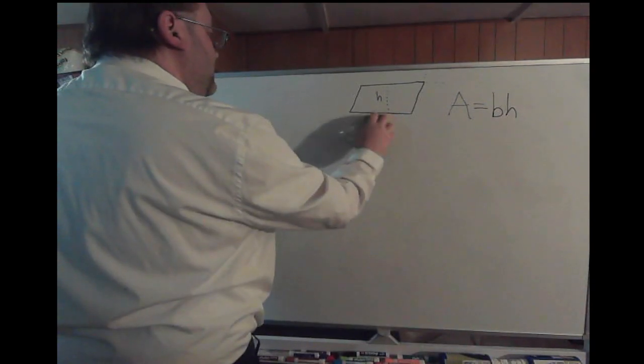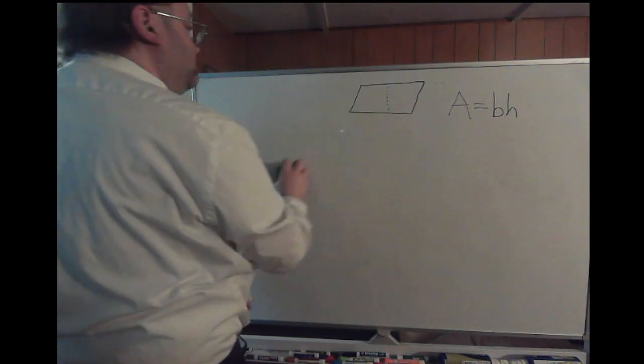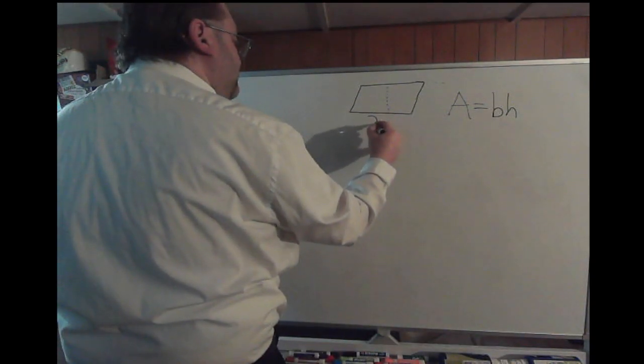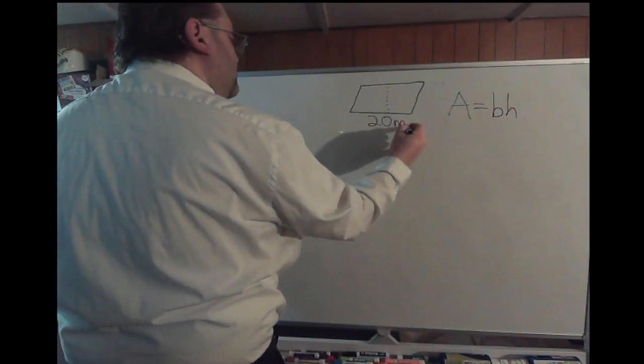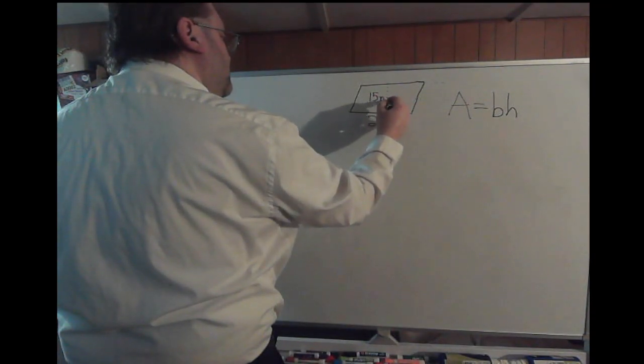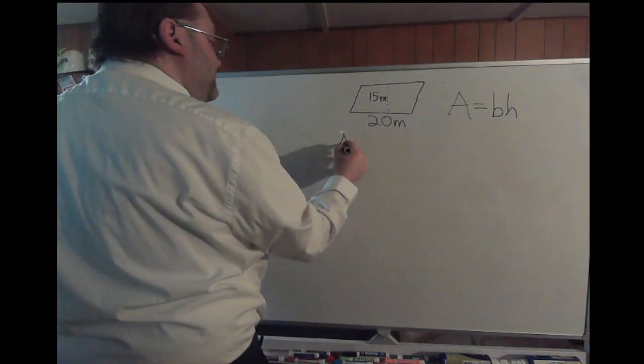So, let's say here that for the base, we have 20 meters. For the height, we have about 15 meters. I want to find the area. It's just the base times the height.